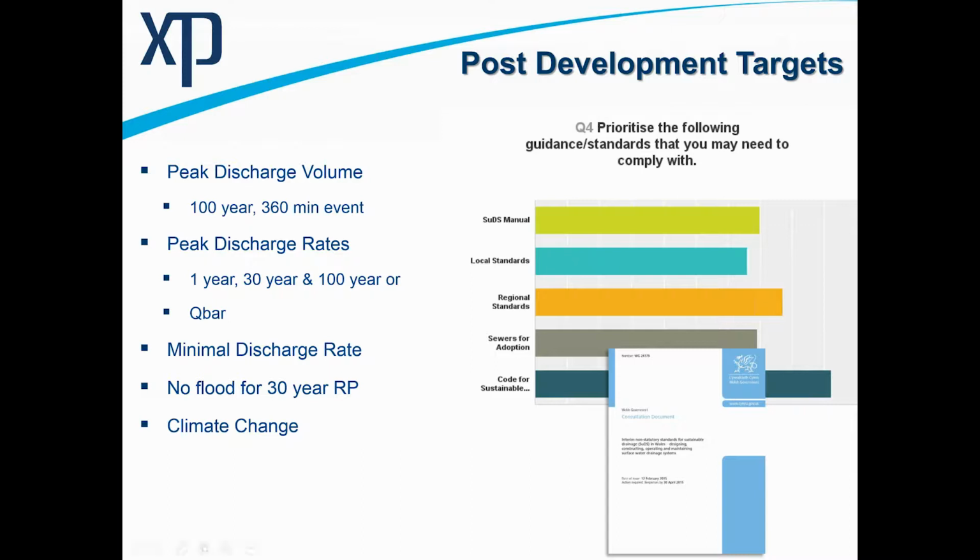A quick word on the peak discharge rates. If we can reduce the volume or match the volume post-development to that which was generated Greenfield or pre-development, then we will be allowed to discharge the 1-year, 30-year and 100-year peak discharge rates post-development.